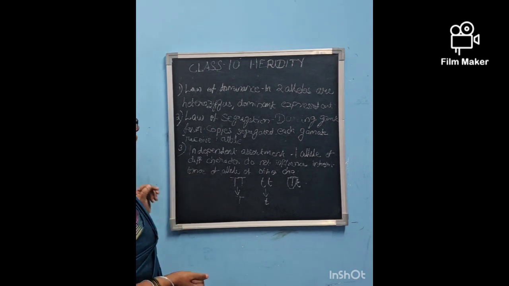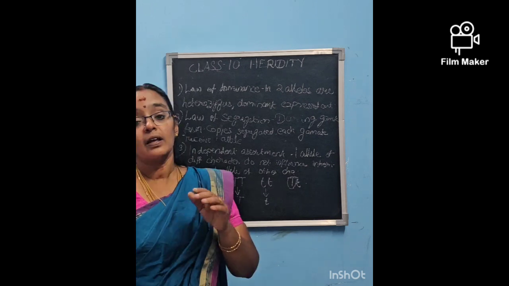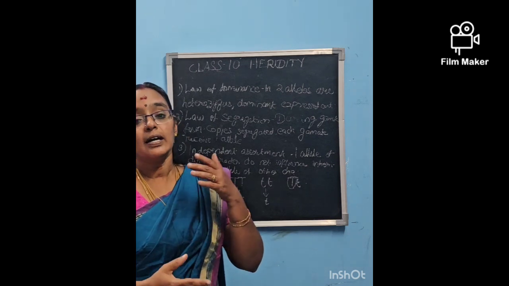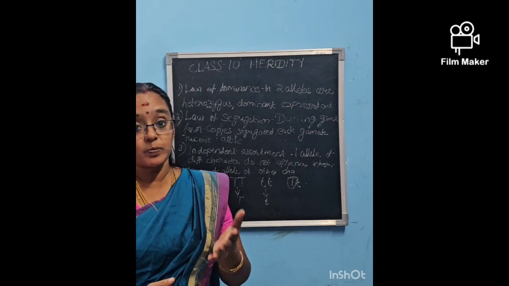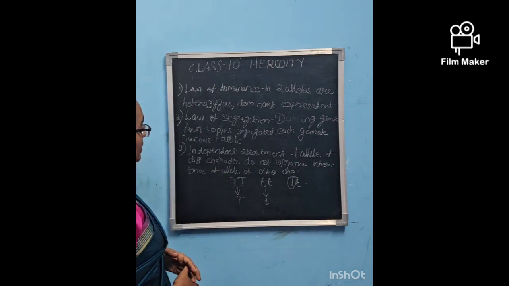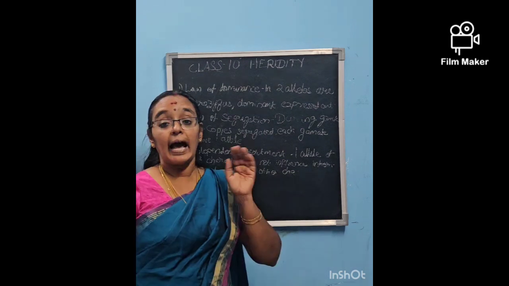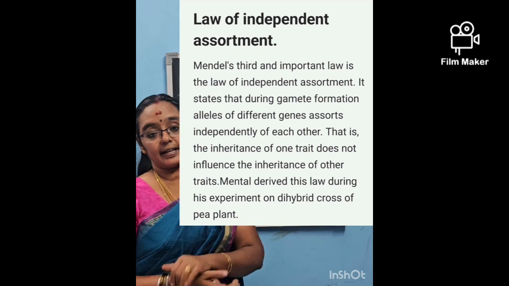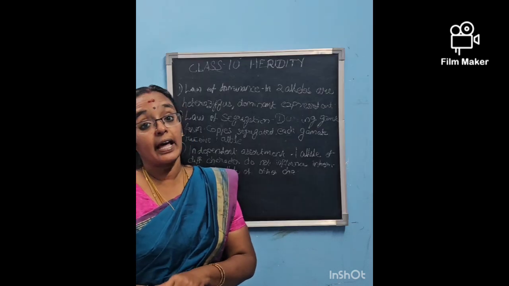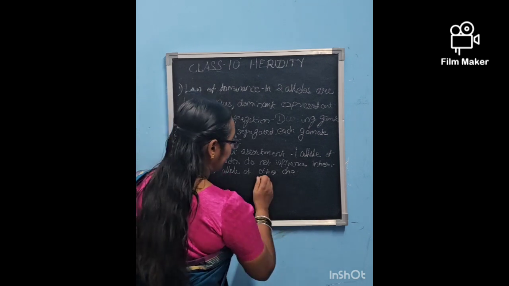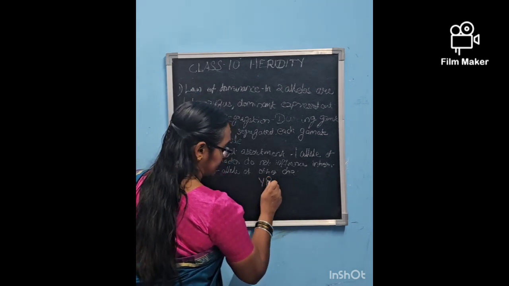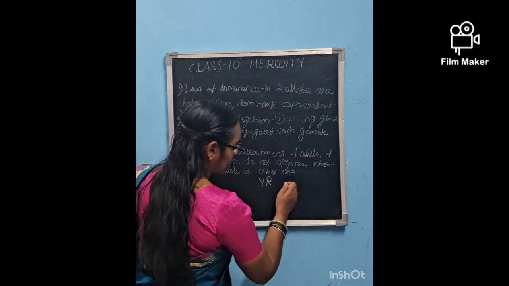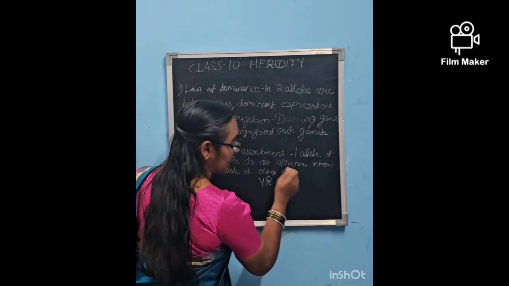And the third is law of independent assortment. He made this law when he did experiment on the dihybrid plant. The allele of one character will never influence the allele of other character. That means in the dihybrid cross, yellow round seeds was the dominant one and green wrinkled seeds was the recessive one.